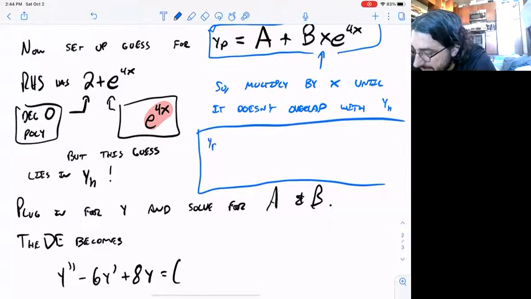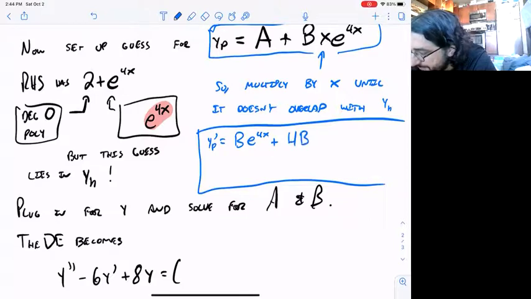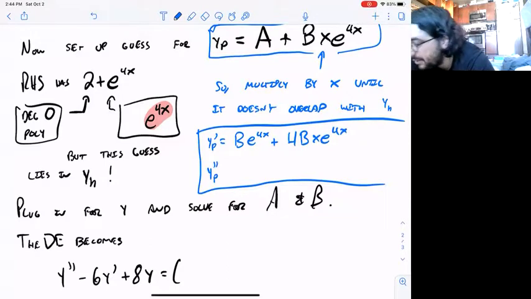So what's y_p prime? Well, the A goes away. It'll be B e to the 4x plus 4B x e to the 4x. That's our y_p prime.